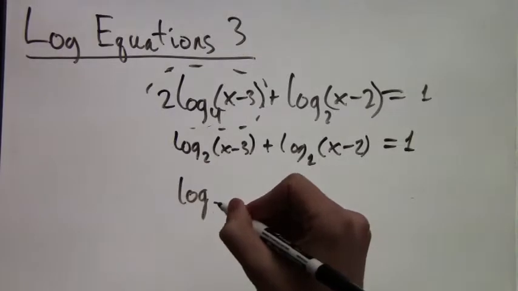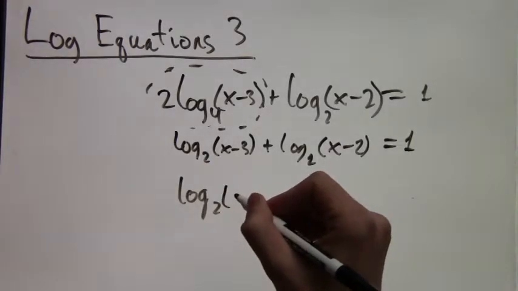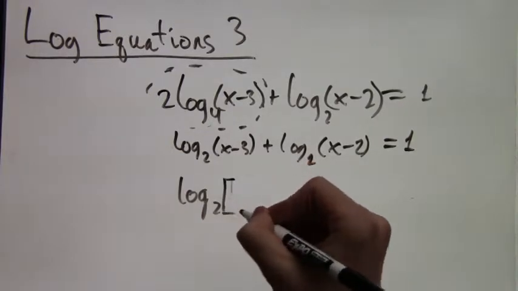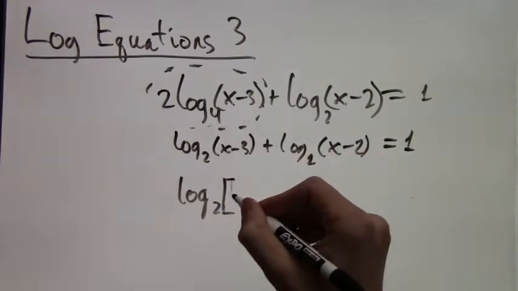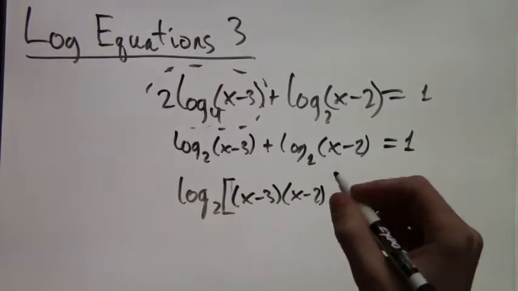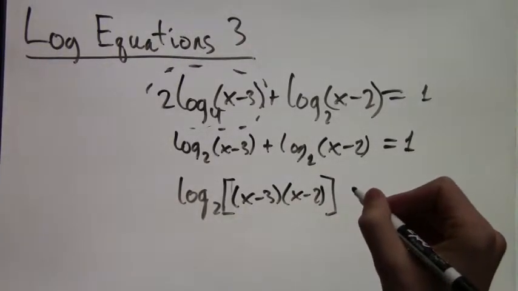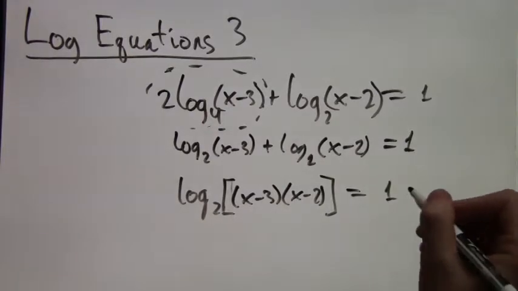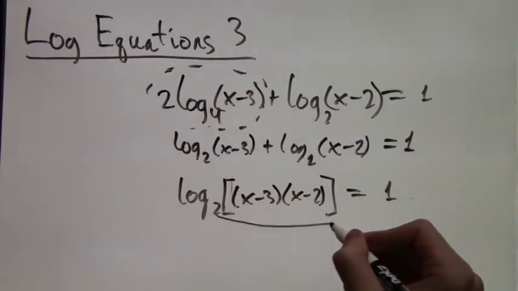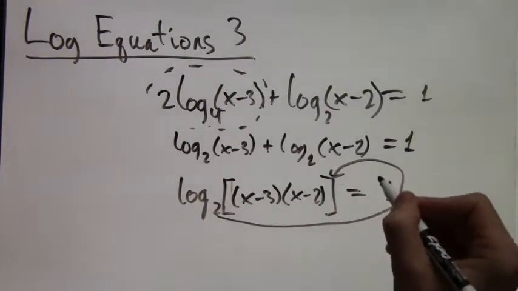Well, we use the log addition formula where we multiply the insides of the logs. So I get log base 2 of x minus 3 times x minus 2 equals 1. Now if you watched log equations 1, you might know what to do. You do the same sort of circle thing.